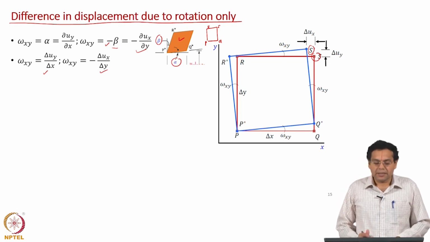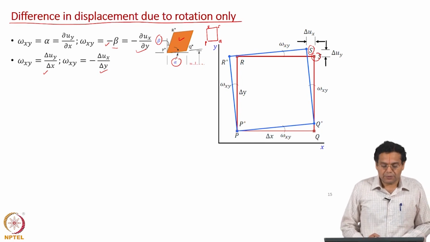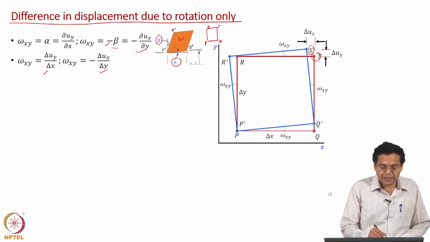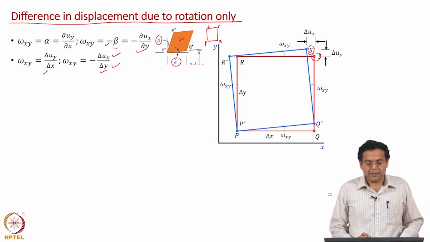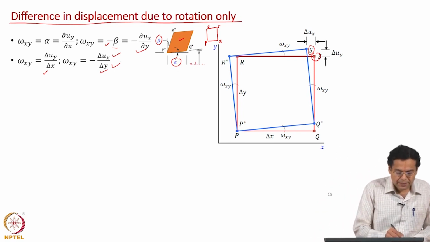It relates the rotation omega to the difference in x displacement for two particles which are separated along the y axis by delta y. That is what we have here also, P and S separated by delta y along the y axis.